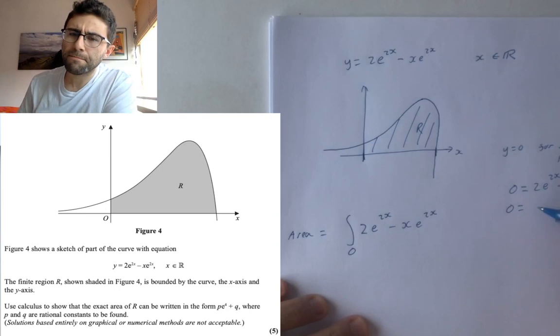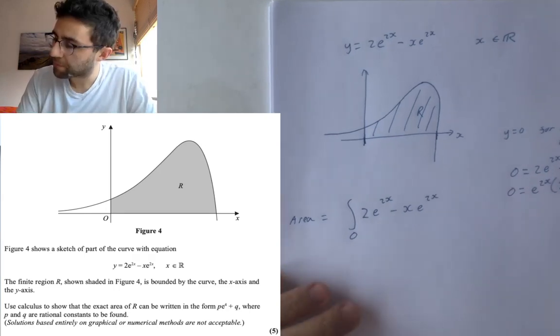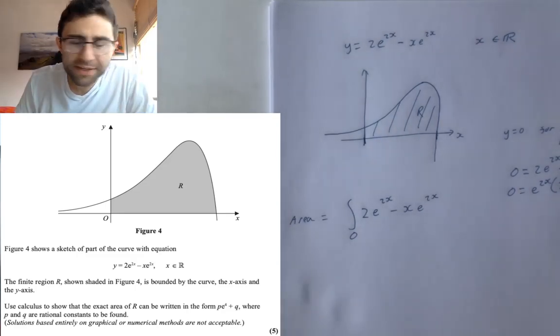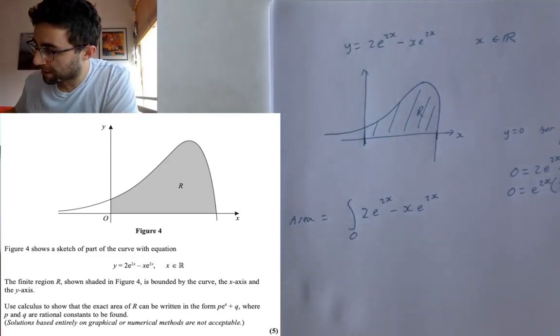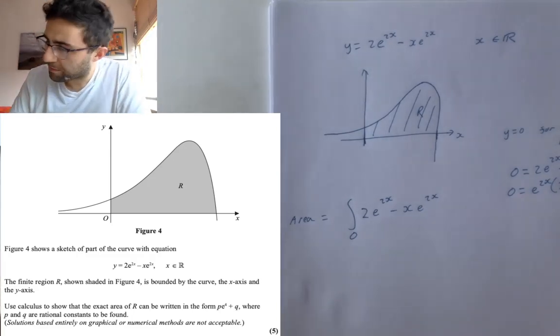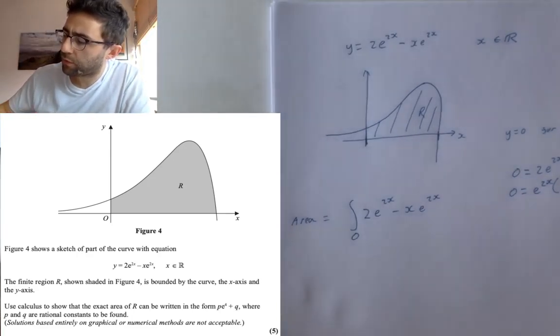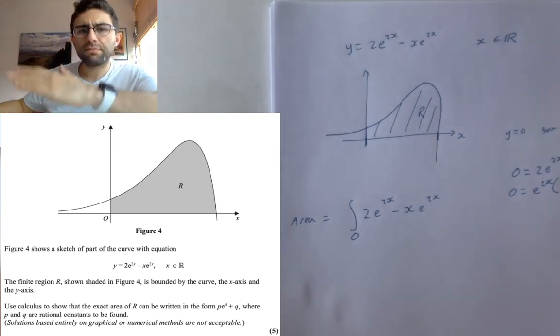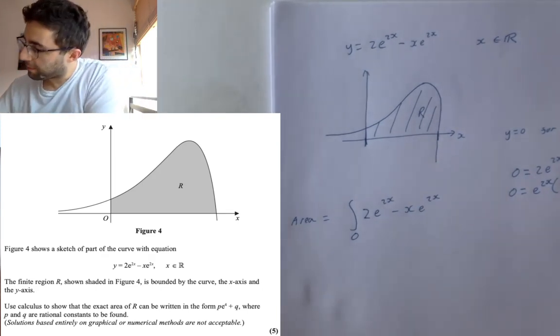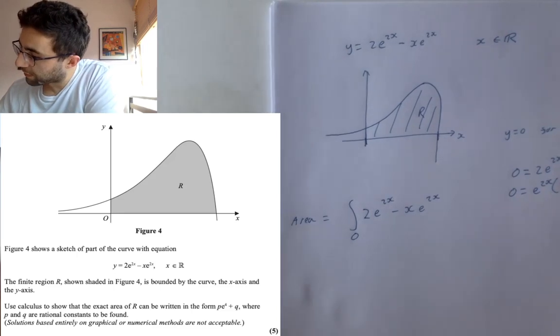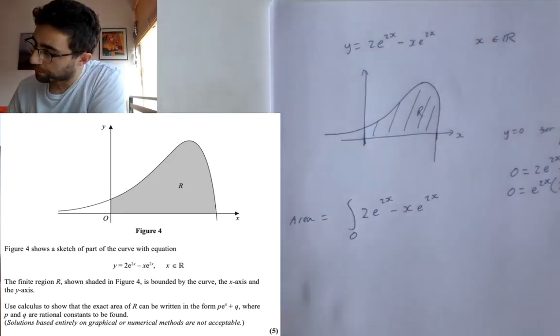Why don't you try and plug in something for x in e to the 2x which gets you 0? I don't want you to come back to me until you find something. It doesn't work. The exponential graph never touches. Anyway, the only solution you can get from that is x equals 2. So that tells you that our top boundary is 2.